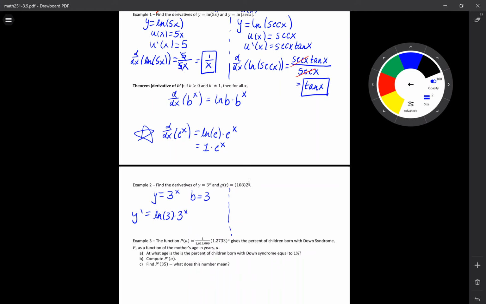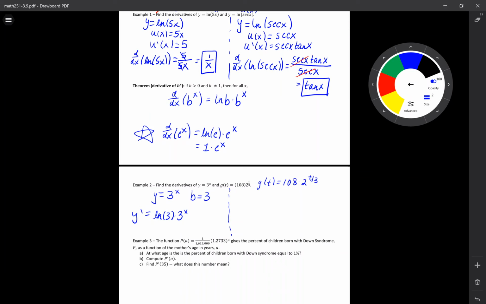This next example, 108 times 2 to the power of t over 3, is a little bit trickier. So let's do this one together. So I have g of t equals 108 times 2 to the power of t over 3.